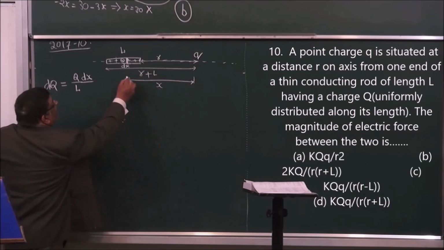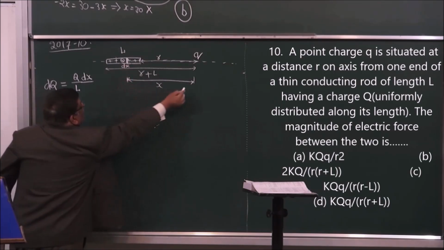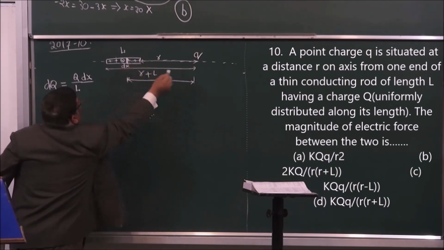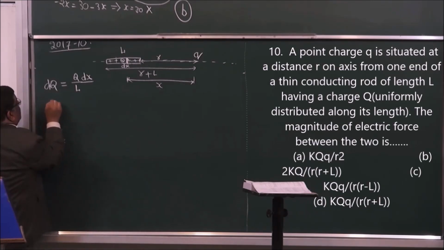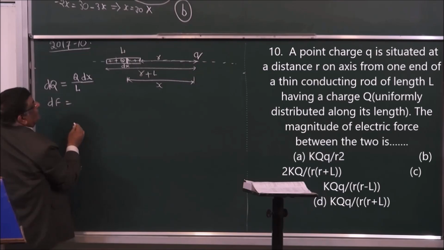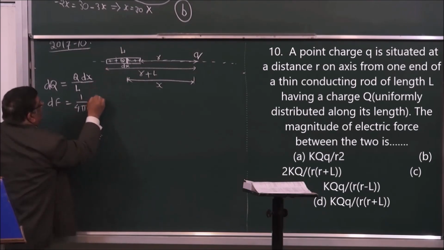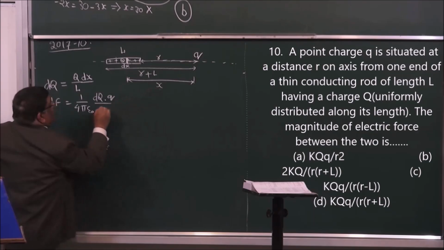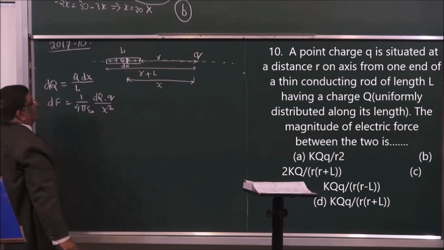So at distance x, how much will be the force between the two? A very small force due to the small charge is equal to 1 upon 4 pi epsilon naught, dq into q upon the square of the distance, x square.